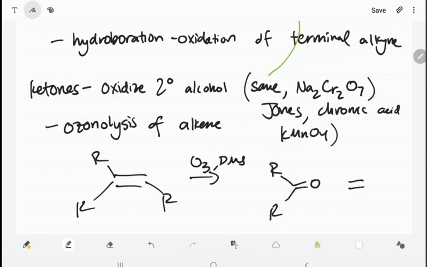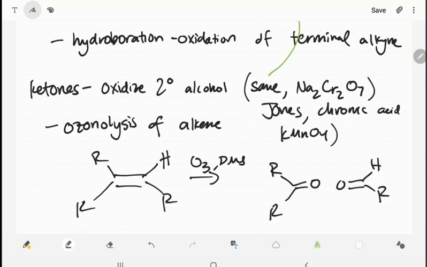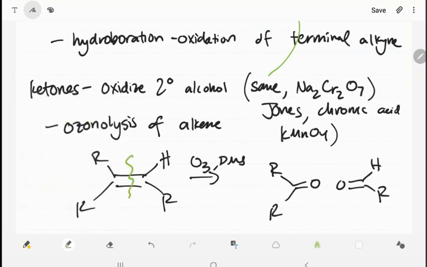So notice how on one side I get the aldehyde, one side I get a ketone, because this was an H. So you essentially remember our, oh my gosh, going nuts here, breaking that up, putting some oxygens in, and you get, in this case, both an aldehyde and a ketone out. So depending on what you have here, you can get various things. So you can use ozonolysis as well.